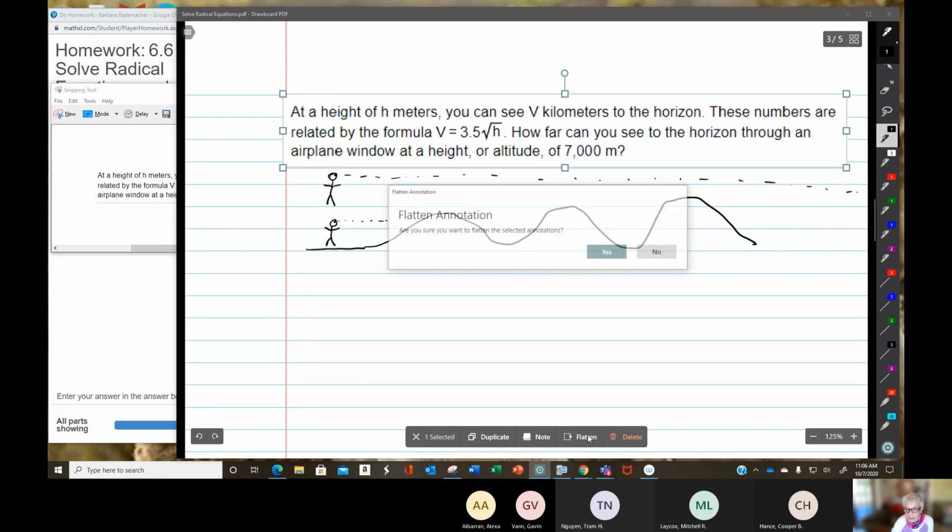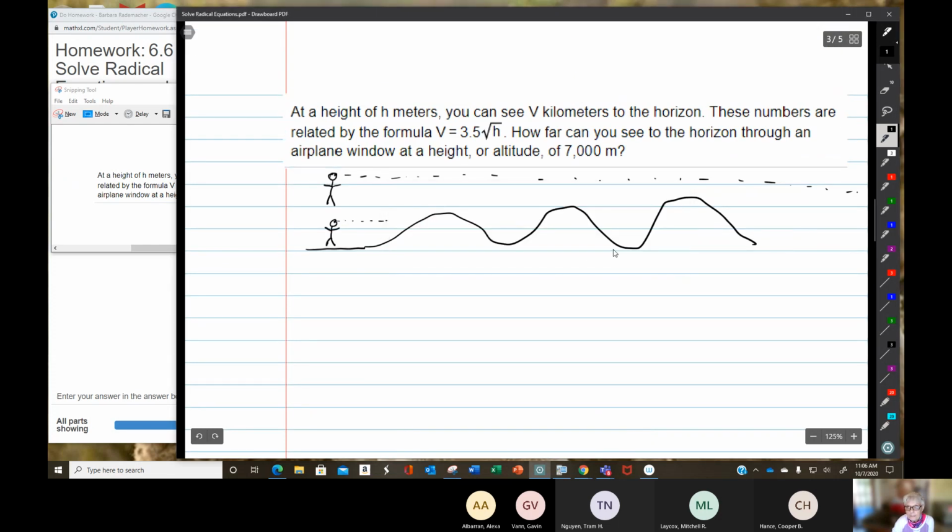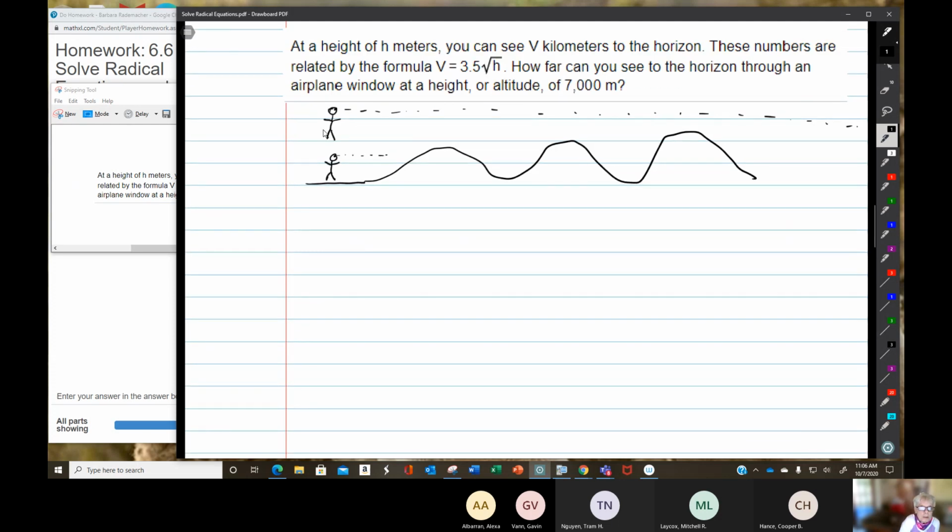Well, let's see what this says. Okay, at a height of h meters above the ground, so our friend is h meters above the ground. Somehow he found a platform and now he's h meters above the ground. You can see v kilometers to the horizon.